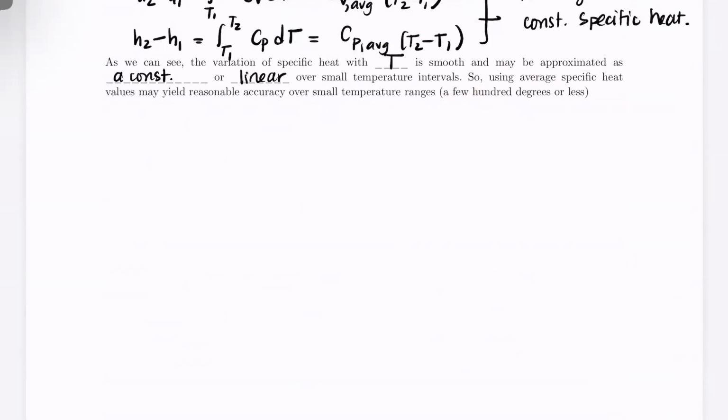So using the average specific heat values can yield a reasonable accuracy over a small temperature range. Small is a very qualitative statement. Typically what we mean is a few hundred degrees or smaller, okay? So we can evaluate the averages in one of two ways.